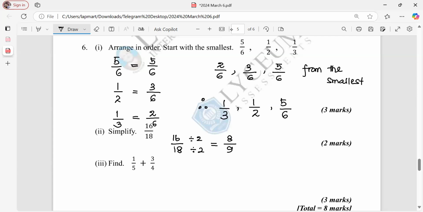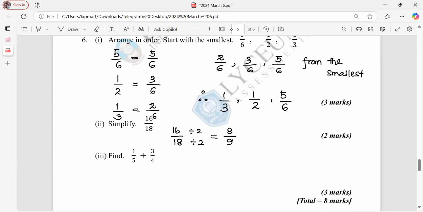So then before going for the addition in the next question, we want to convert them into the same denominator. Okay, so 5 times 4, and 4 times 1. 4 times 5 is 20, 5 times 3 is 15.